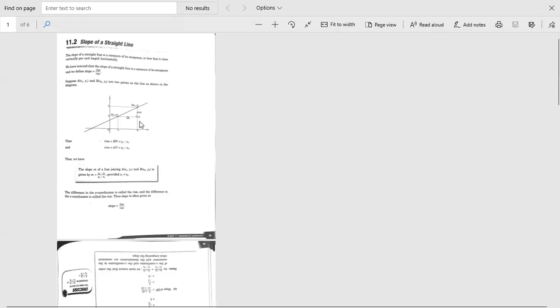And then for the rise part, we want to figure out the distance between B and N. So this is Y2 minus Y1. Okay, so we have the ratio from the Y1, the rise part to the run part. Then this is the slope.